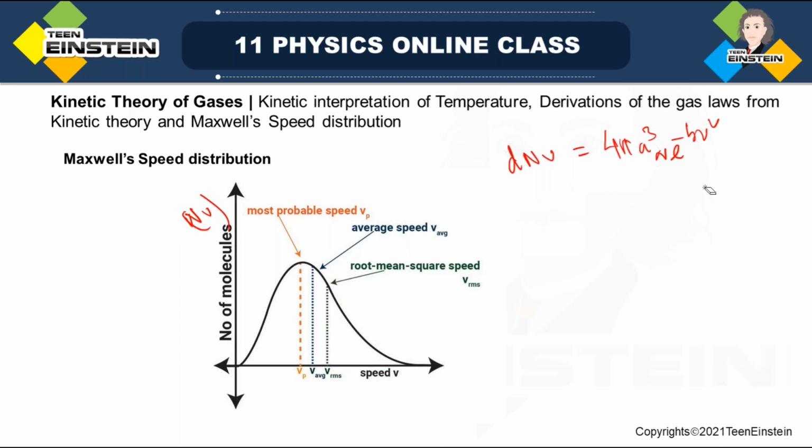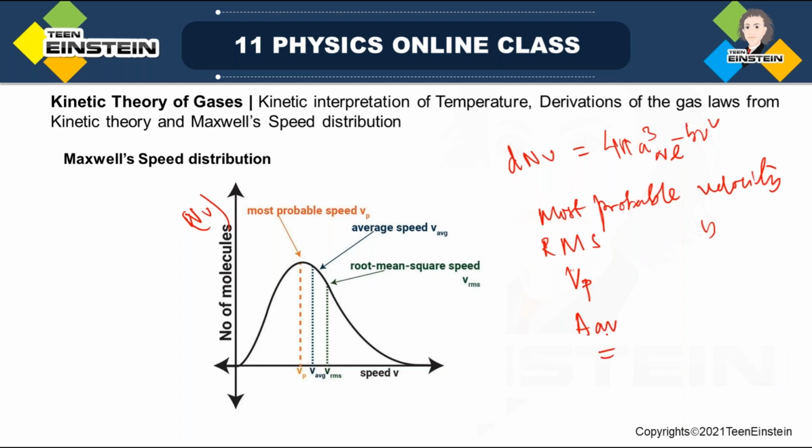Now from here we can derive various velocities: the most probable velocity Vp, the root mean square RMS velocity, and the average velocity V average.